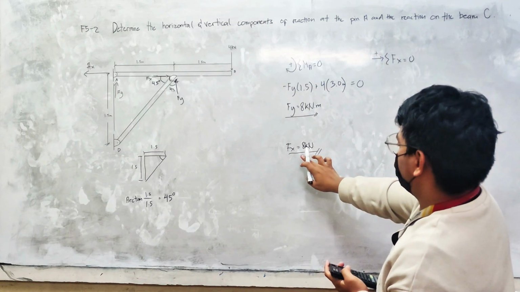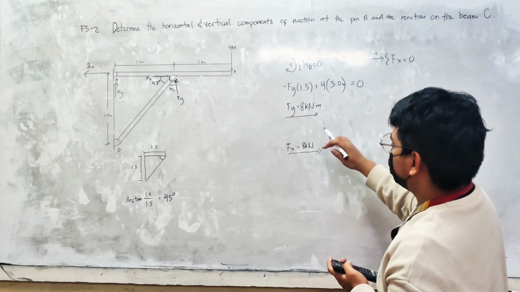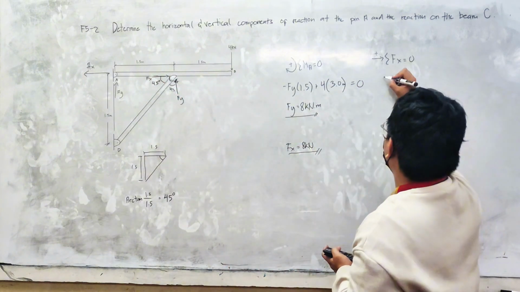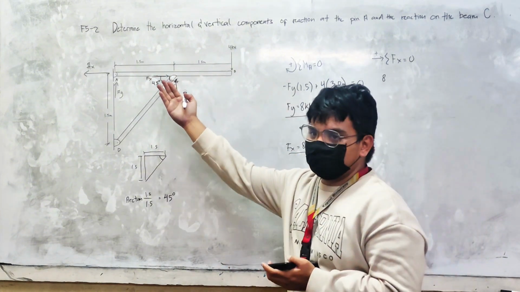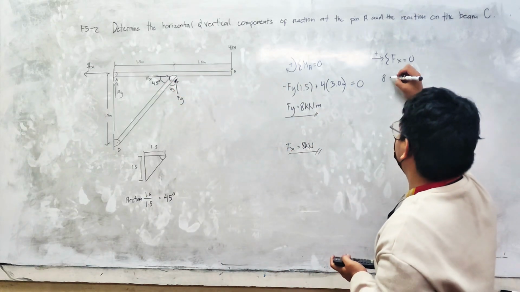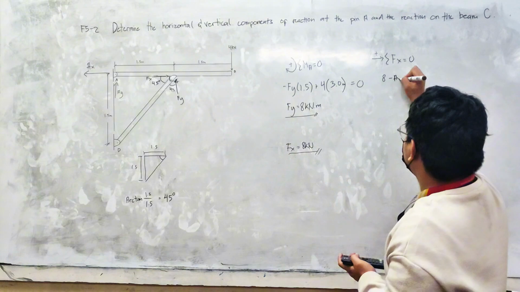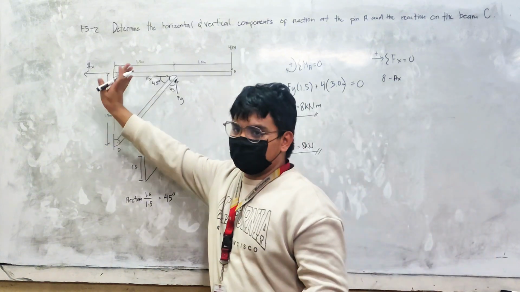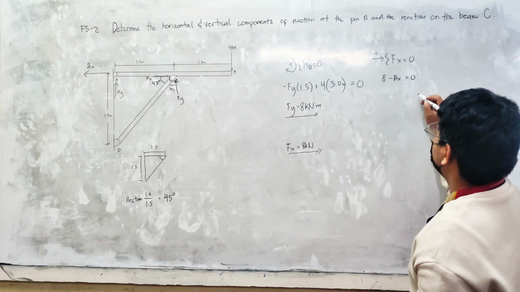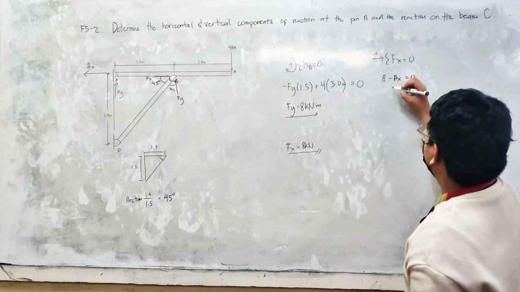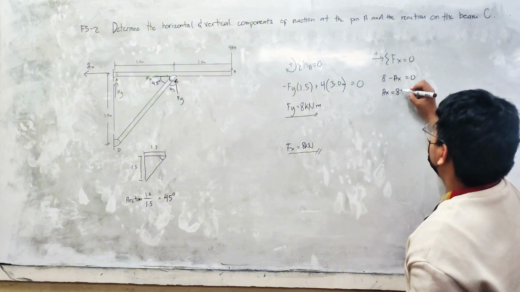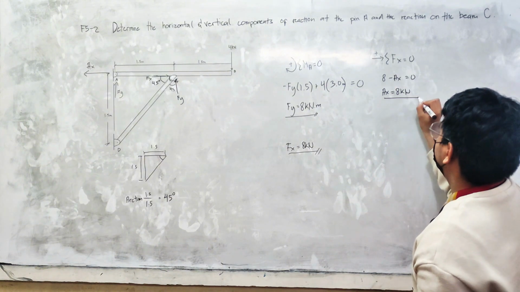So we have our Fx here, which is 8 kilonewton. It is positive because it is going to the right side. And we have our AX. So we have our negative AX since this goes to the left. Then it's equal to 0, which gives AX is equal to 8 kilonewton.